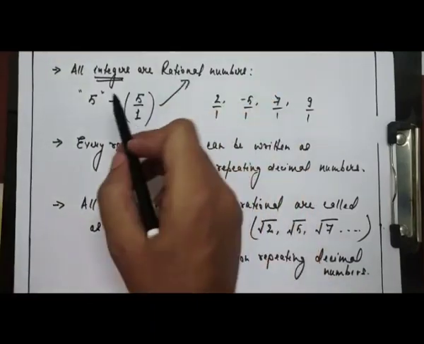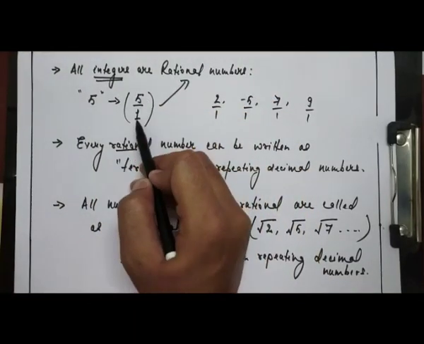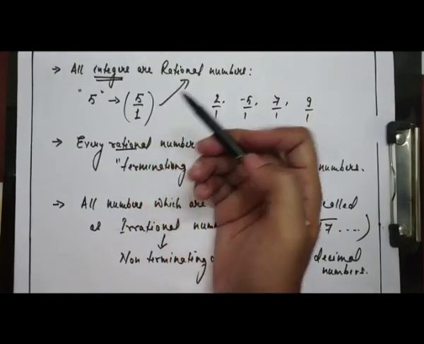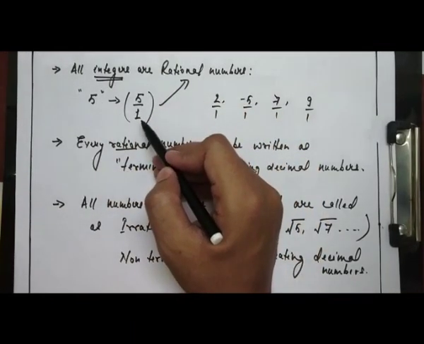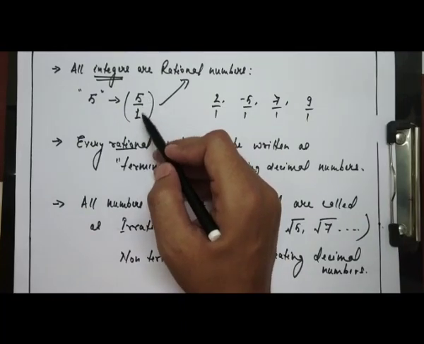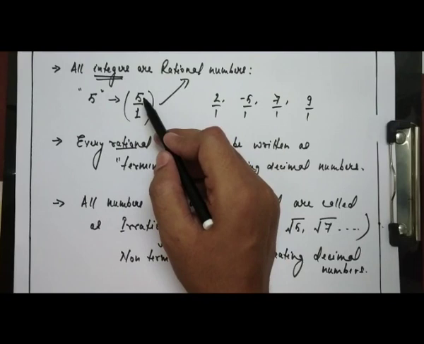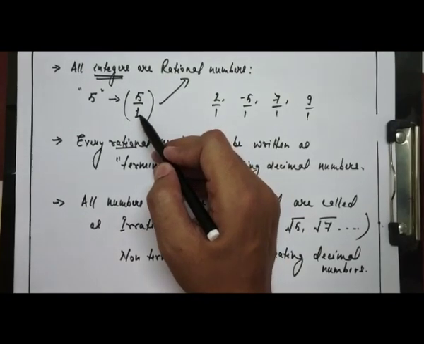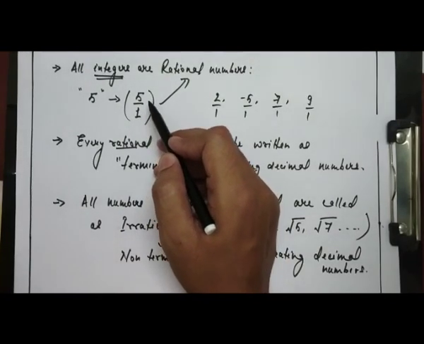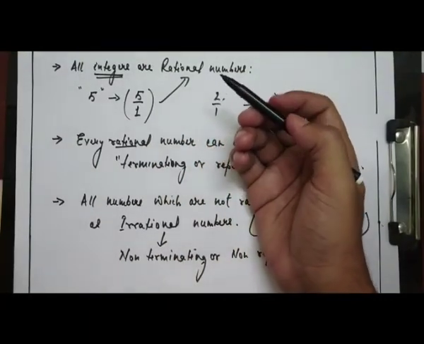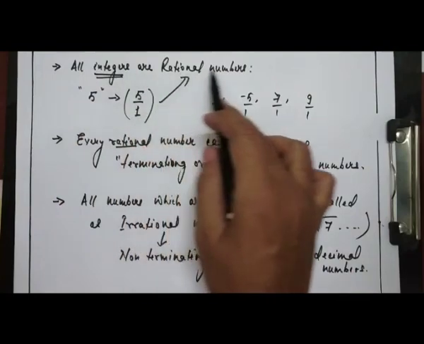Let's try to understand. 5 can be written as 5 upon 1. Is it correct or not? It is correct. Why? Because if you write 5 as 5 upon 1, it is not going to change the value of 5. Now here in 5 upon 1, 5 is a positive integer and 1 is also a positive integer. It means 5 upon 1 is nothing but a rational number. That is why we say that all integers are rational numbers.